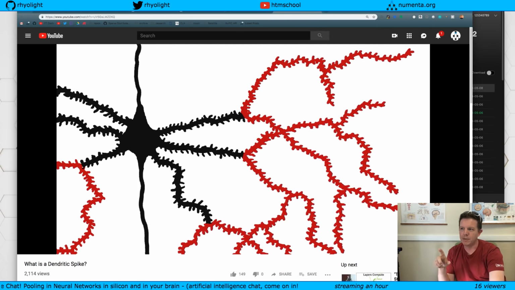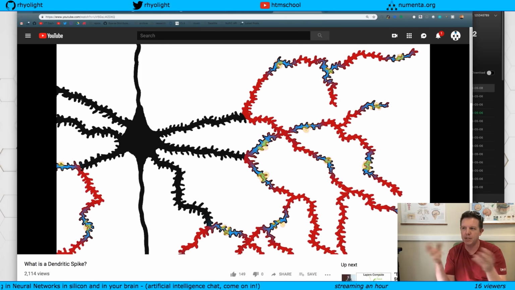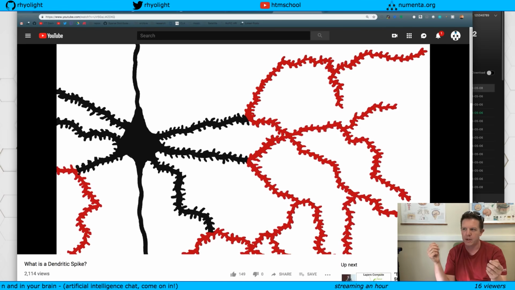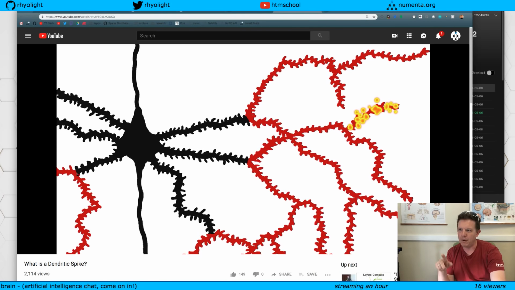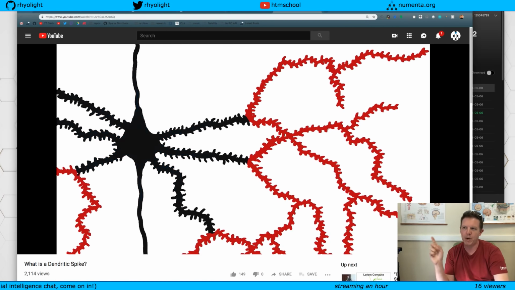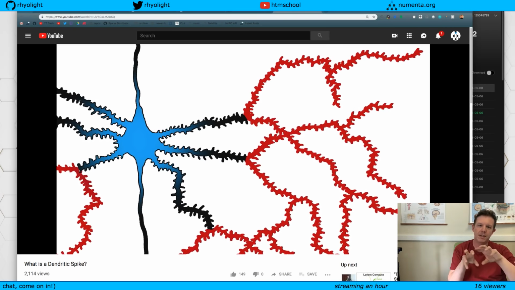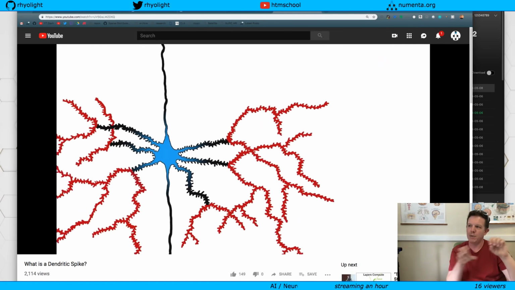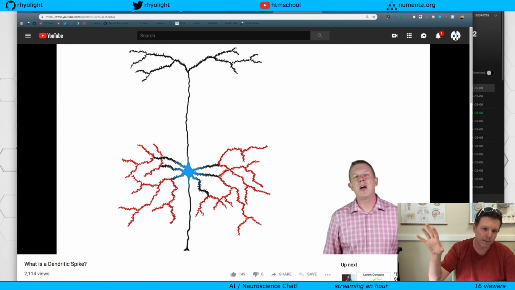If those get stimulation, it doesn't cause enough stimulation anywhere for anything to happen. And for a long time, we didn't know what they were even there for. But then we found out that this thing called an NMDA spike means if there's enough activity in one localized area of a dendritic segment, it would send a signal back to the soma.